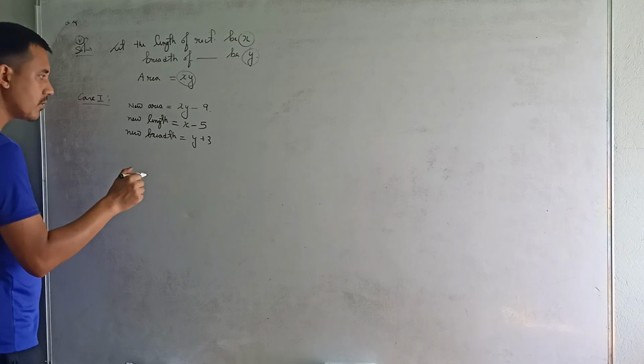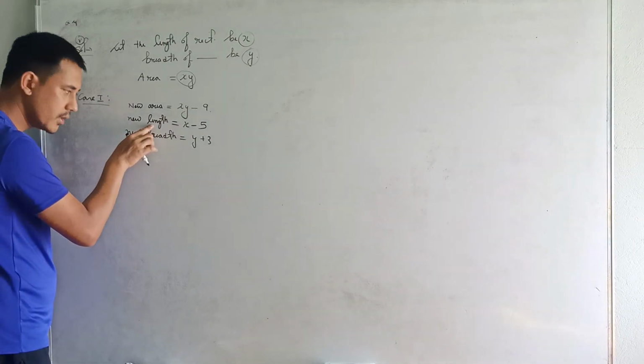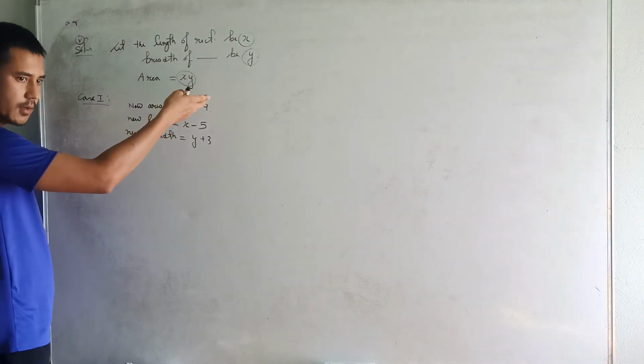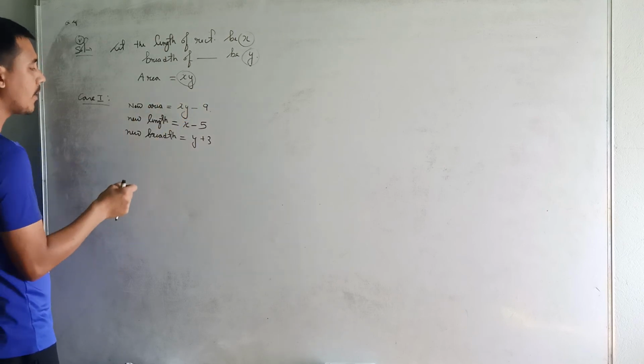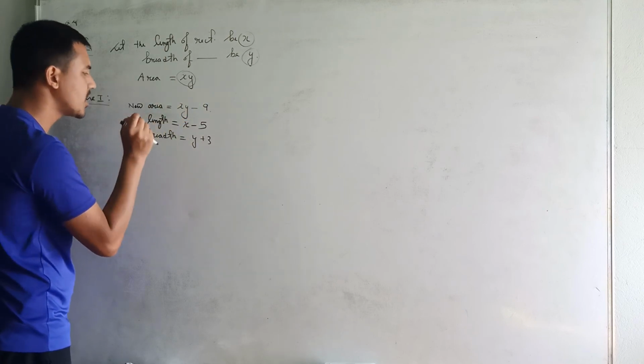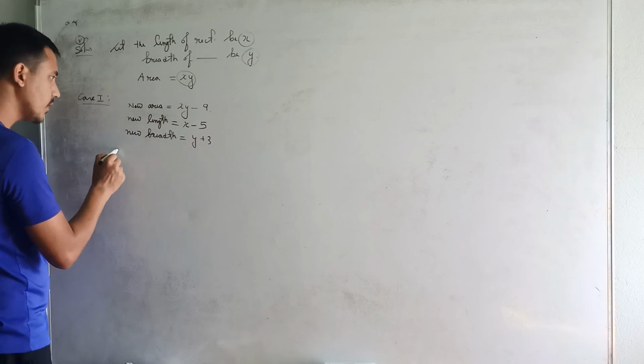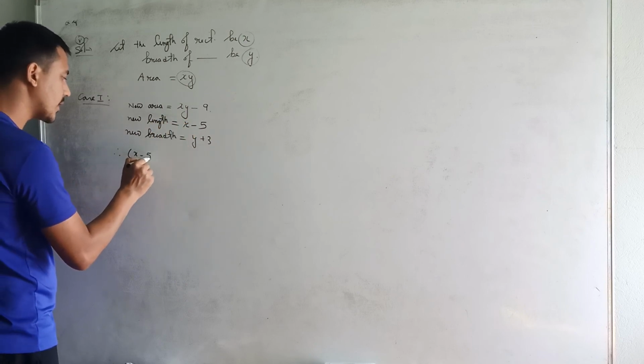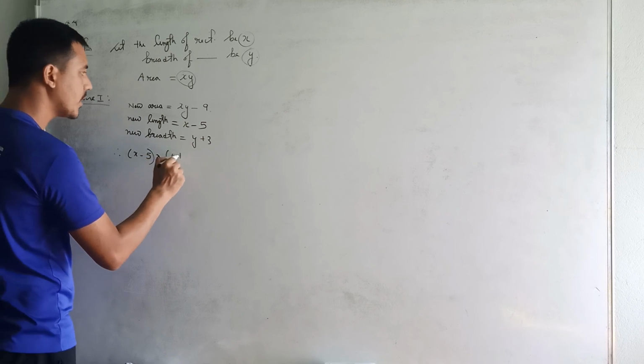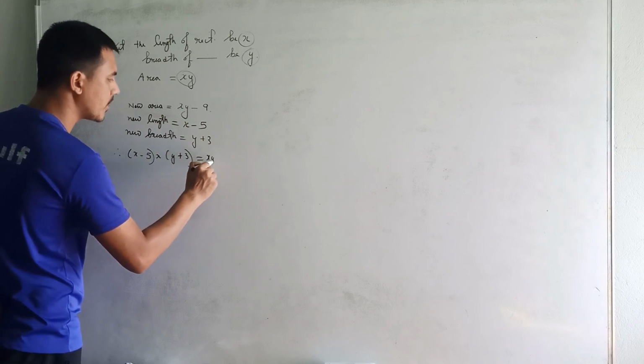Now see, we know that new length into new breadth will give you new area, right? So new length x minus 5 into new breadth will give you new area.